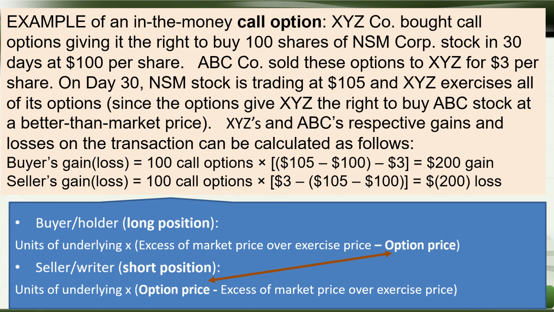So he has a $2 gain per share, which for 100 shares is a $200 gain. The same thing for the seller will be a loss. So this is the idea. How do you calculate that? The buyer, holder, long position and short position are calculated like this.